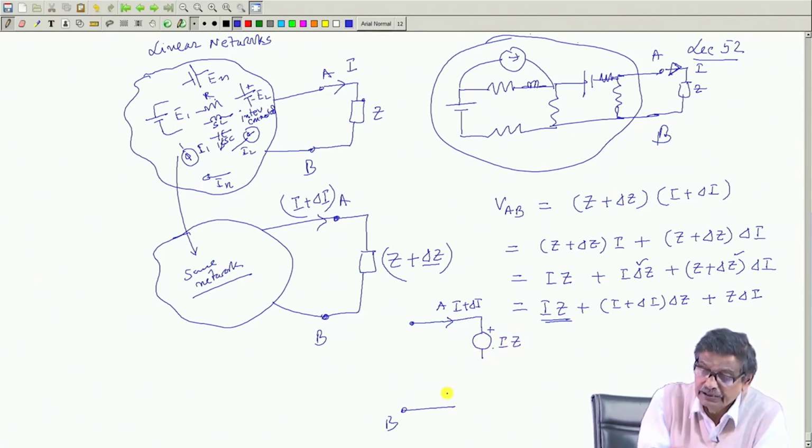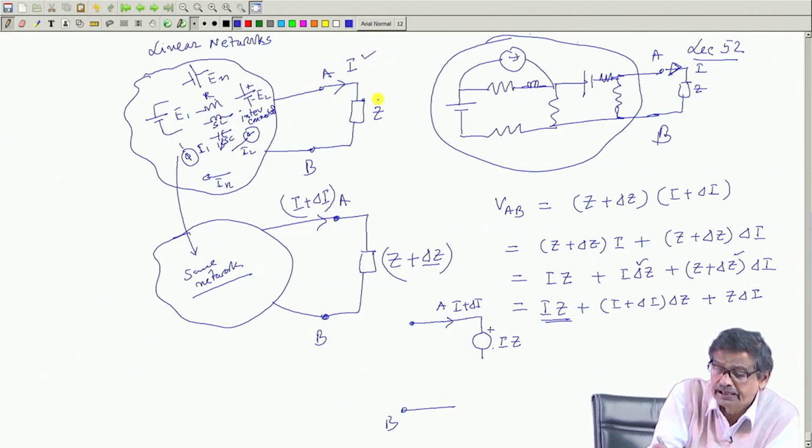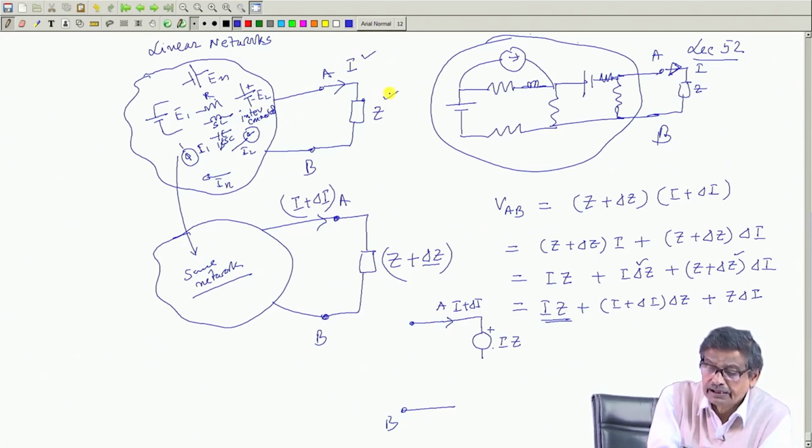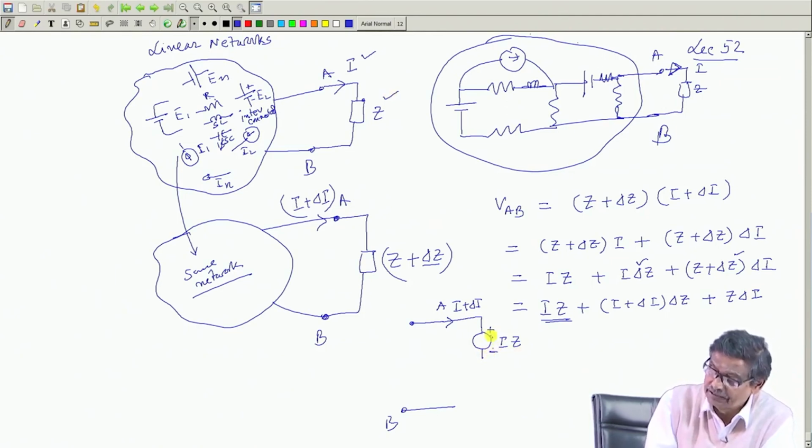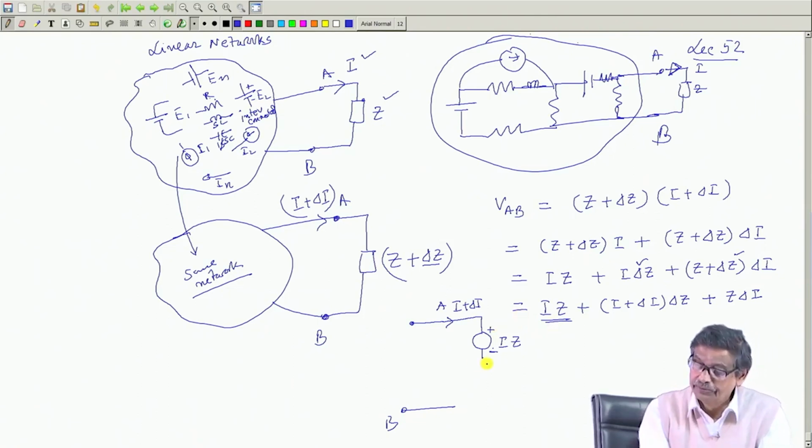Do I know this value? Yes, you have given me the value of I and z. Earlier I have told you in the statement of the problem, I know the value of I when z is connected. So, I can replace that impedance by a voltage source with the help of substitution theorem, that is what I will do. So, there is a source like this.